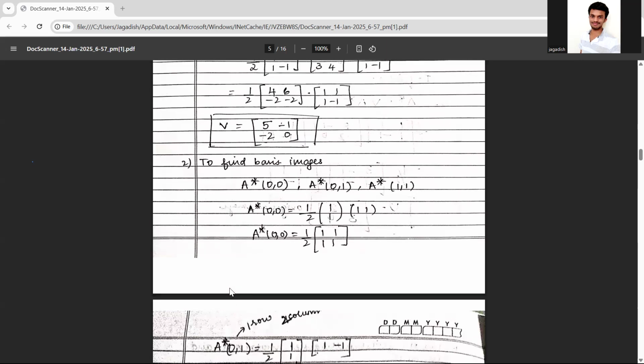So A star 00 means, because your A is half, so half into 1 into 1. You have to write in the column first, and then you have to write 1 1 in the row. This is how you are finding your inner product. This is the rule how to find it. Did you understand, Vishal?